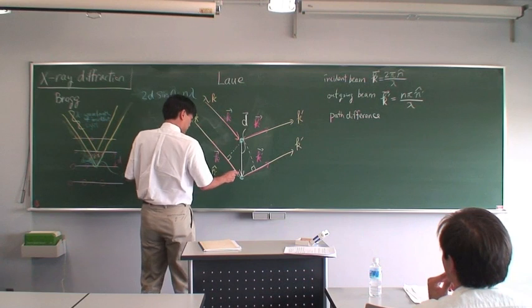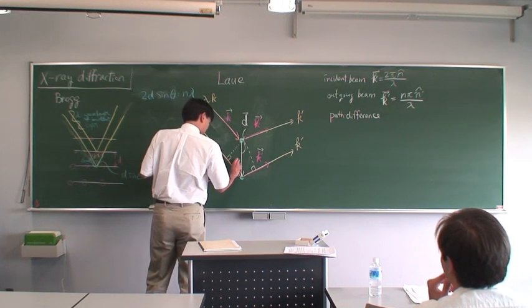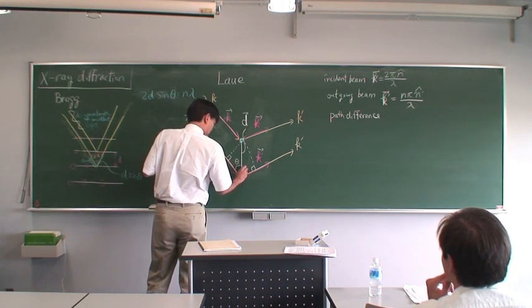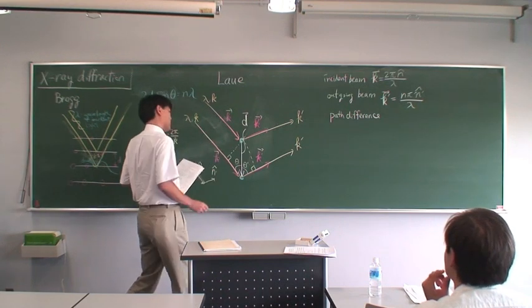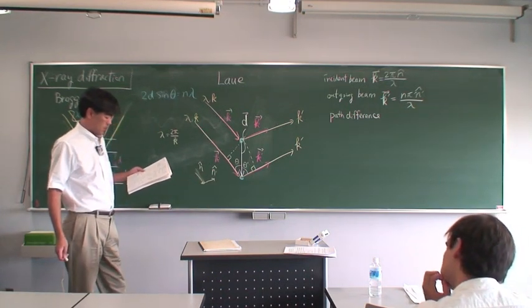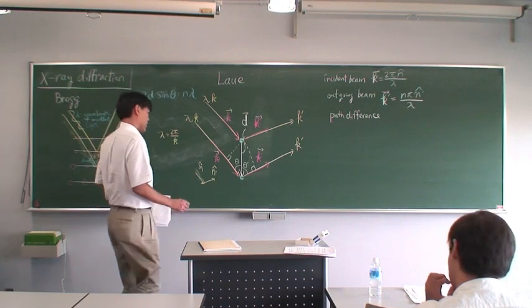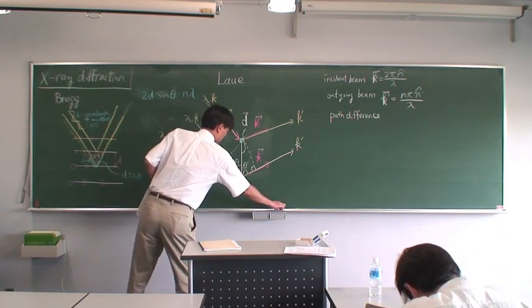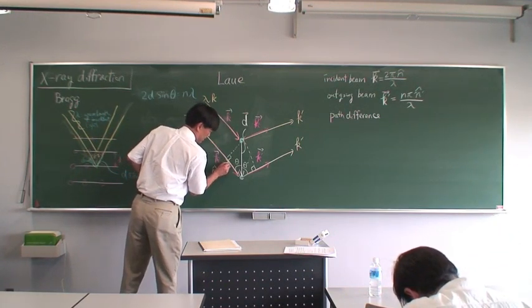I have to define, for example, theta and theta prime, and the path difference in the same manner is this part.